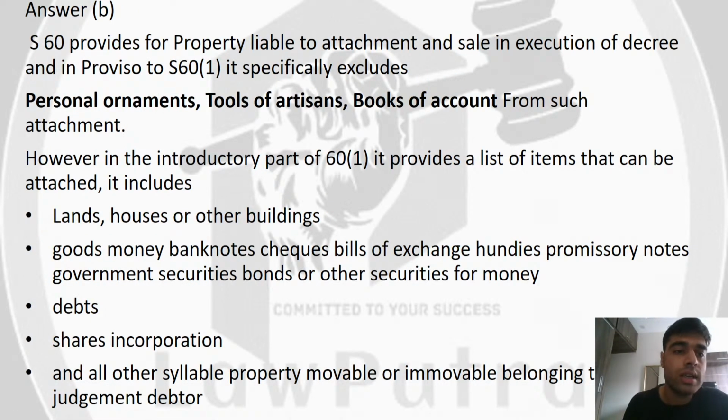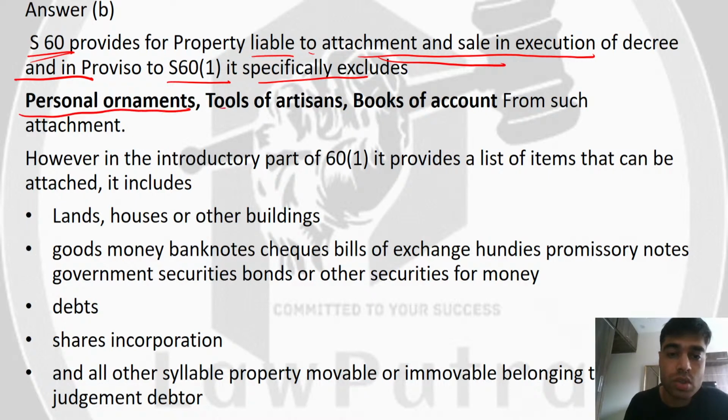For this, the answer is given in section 60. Section 60 provides for property liable to attachment and sale in execution of decree. The proviso to section 60 specifically excludes certain items: personal ornaments, tools of artisans, books of account.